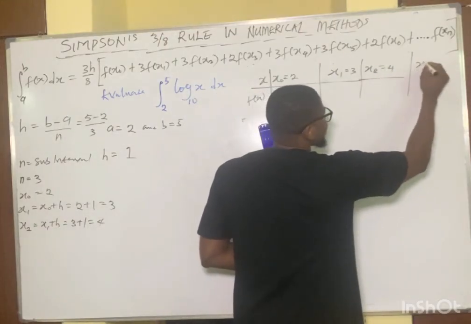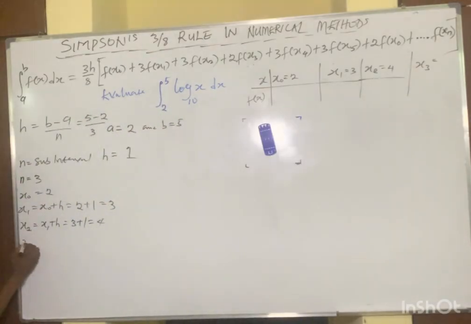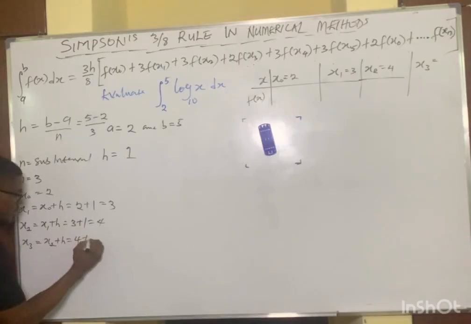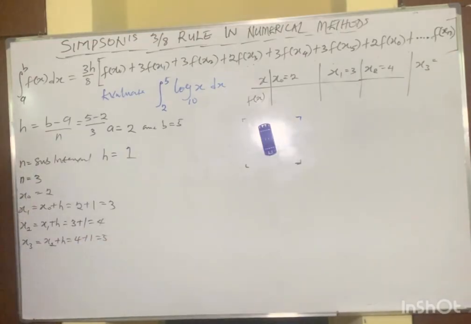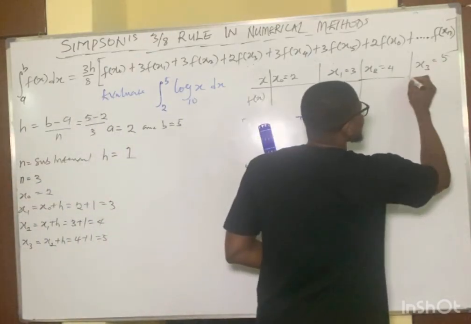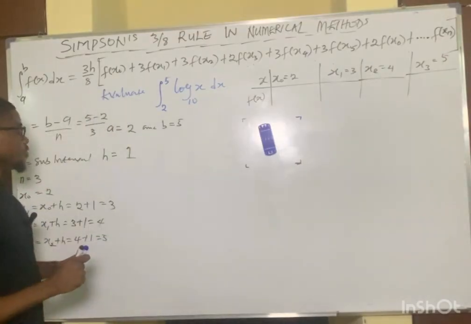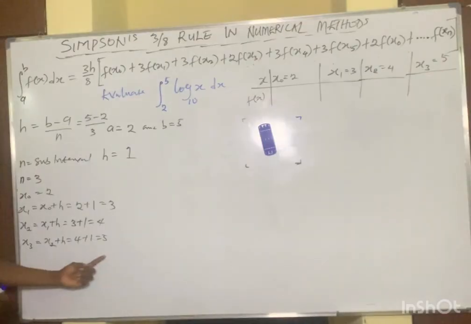And our x3 is going to be x2 plus h, which is 4 plus 1, and that gives us 5. So you see, our x3 is equal to 5. Once the limit has been spread between 2 and 5, you stop. So we've gotten our x3 to be 5.